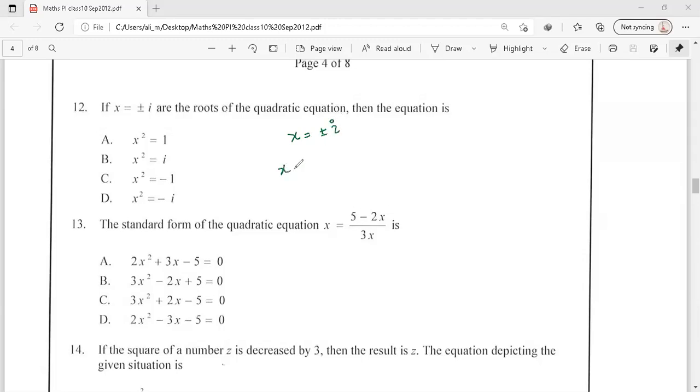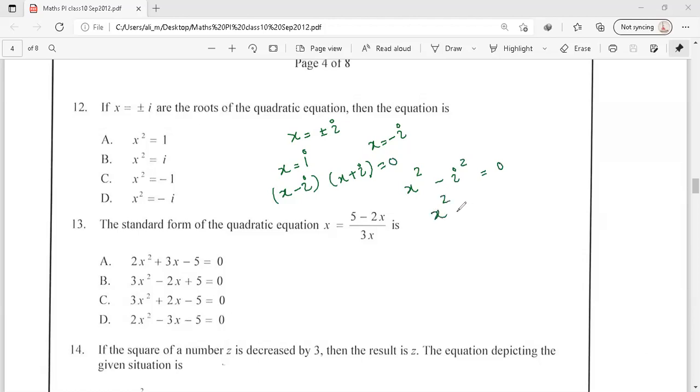So this means that x is equal to iota and x is equal to minus iota. So the factors will be x minus iota and x plus iota. So if we multiply these two, we can simply apply the formula (a plus b)(a minus b). So it will become x square minus iota square is equal to 0.